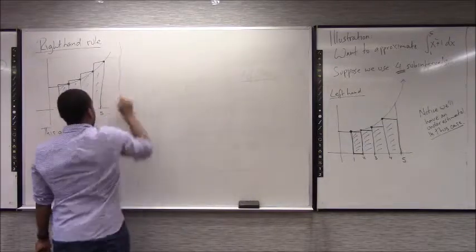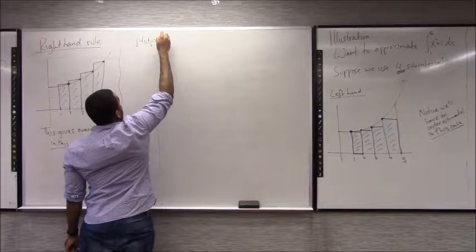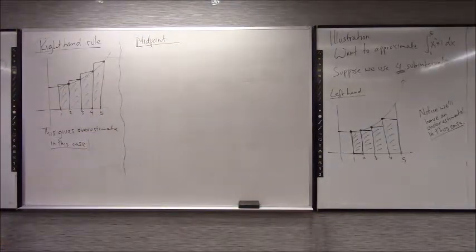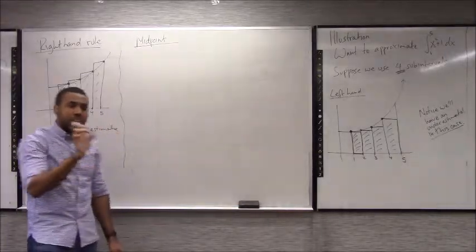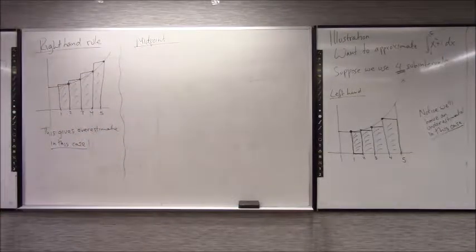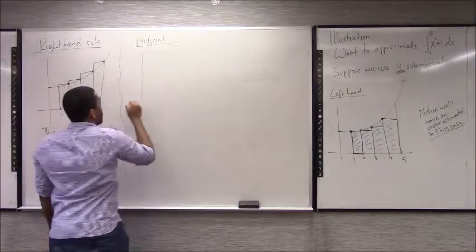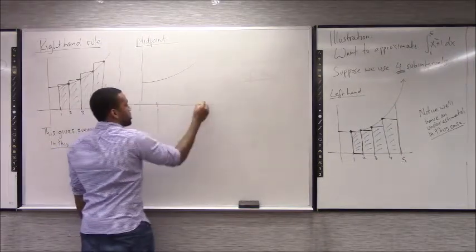And so you kind of develop a midpoint rule. Now in general, this one will converge to the answer faster than either the left or the right hand rule, because it allows you to give a little bit of overestimate and underestimate at the same time. And so you expect these things to even out faster. What this would look like is I would have the interval from 1 to 5.